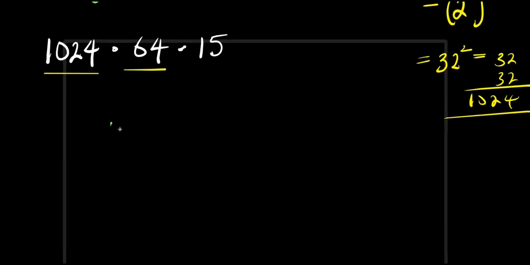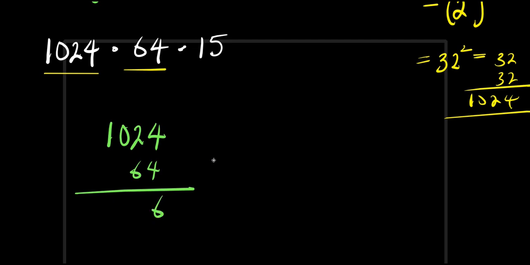So we have 1024 times 64. 4 times 4, that is 16. I have 6 and carry over 1. 4 times 2, 8, 8 plus 1, 9. 4 times 0, that is 0. 4 times 1, that is 4.